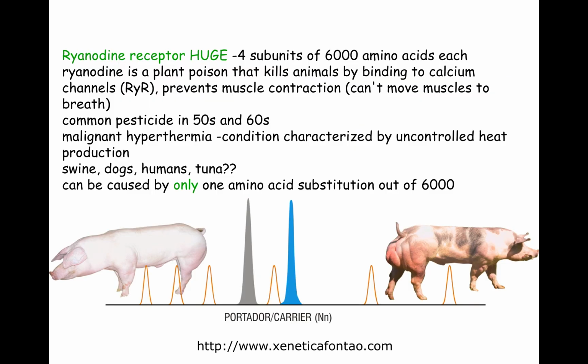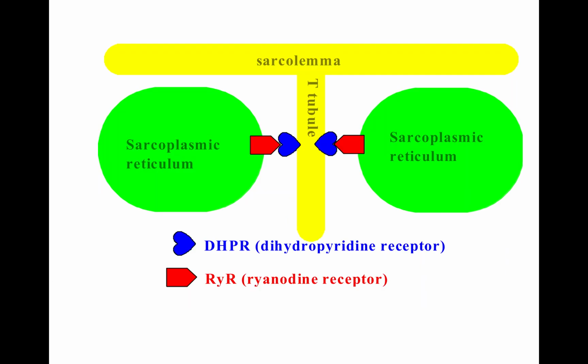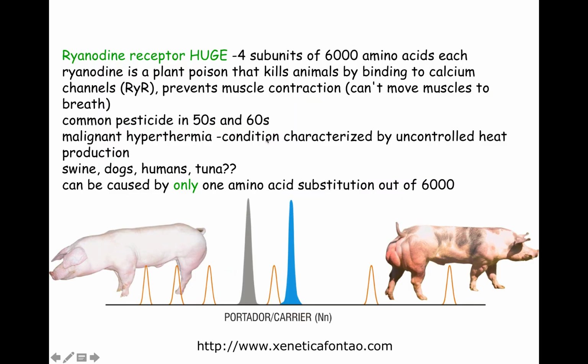And the ryanodine receptor, this thing that I have as a cartoon as a little red house here, is absolutely huge as proteins go. It has 4 subunits, each one a chain 6,000 amino acids long. So 24,000 amino acids in this protein.